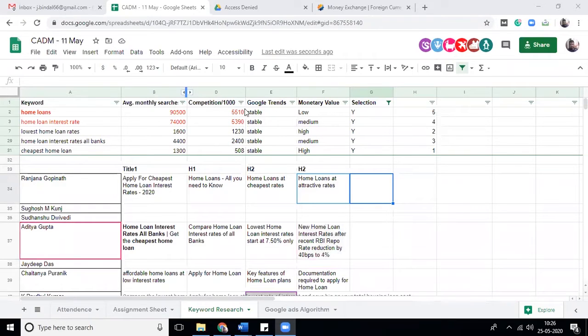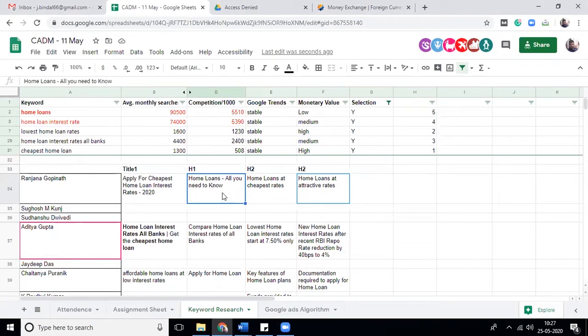Let me read it out one by one. What Ranjana has written: home loan, all you need to know, home loan at cheapest rates, home loan at attractive prices.